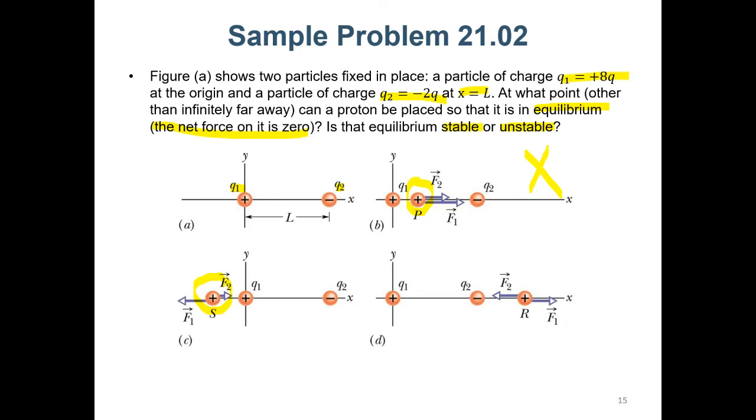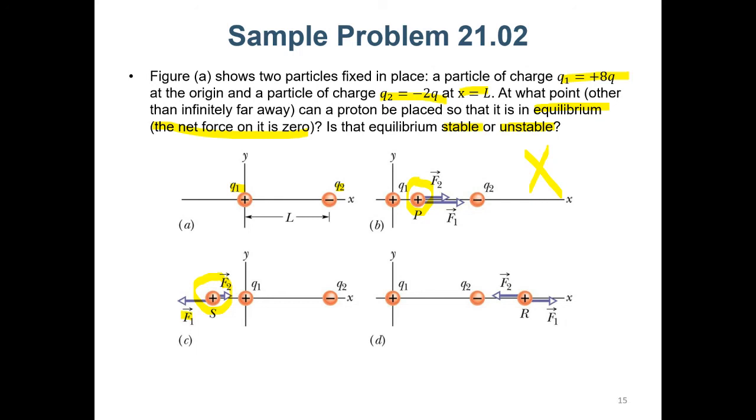For the second case, if we put it on the left side, so we know that Q1 is positive, this is positive also, so that they repel each other, which means that F1 points to the left side. And in this case, Q2 is negative, this is positive, so that they attract each other. So F2 points to the right side. Then you ask whether or not it is possible that they add up to be 0.